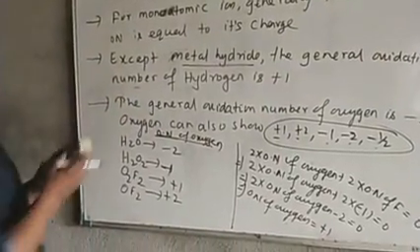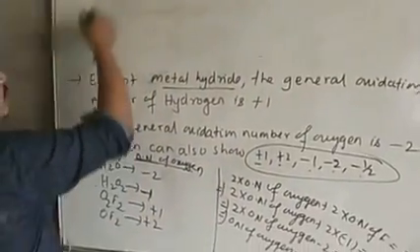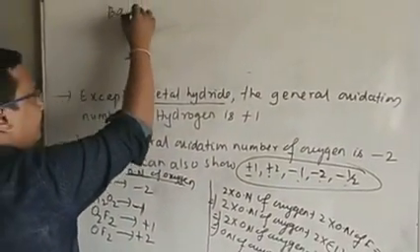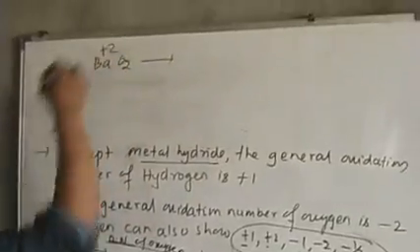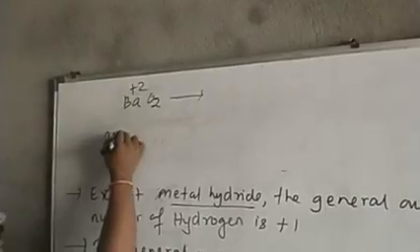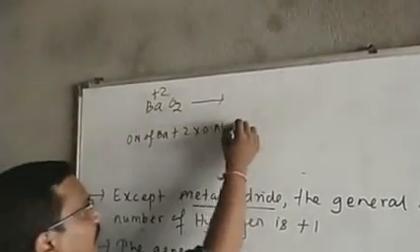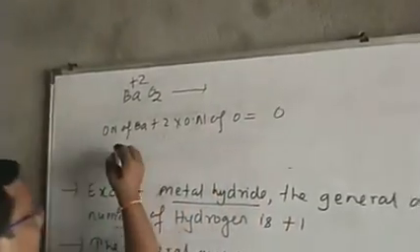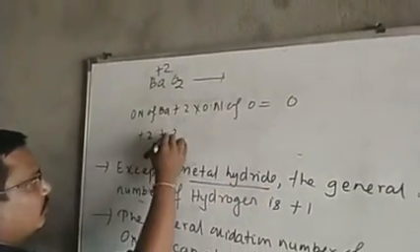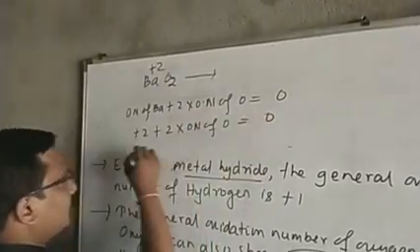If you think about another example, suppose BaO2. Here barium shows the +2 oxidation state. That means you can write the oxidation number of barium plus 2 times the oxidation number of oxygen is equal to 0. +2 plus 2 times the oxidation number of oxygen is equal to 0.